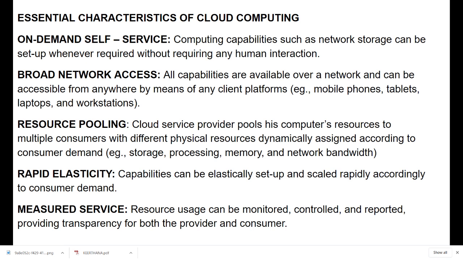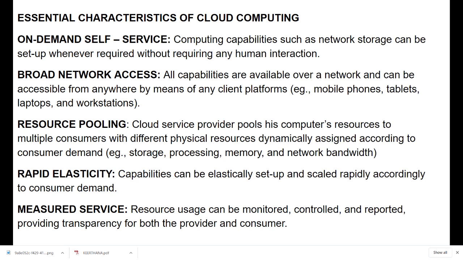The next one is resource pooling. Let us understand this characteristic through the example. Trains have the capacity to carry hundreds of passengers for a single trip. Several passengers travel to the same destination and are assigned separate berths according to their needs. This is similar to what cloud does, where multiple consumers are able to access virtual resources that are assigned to them.